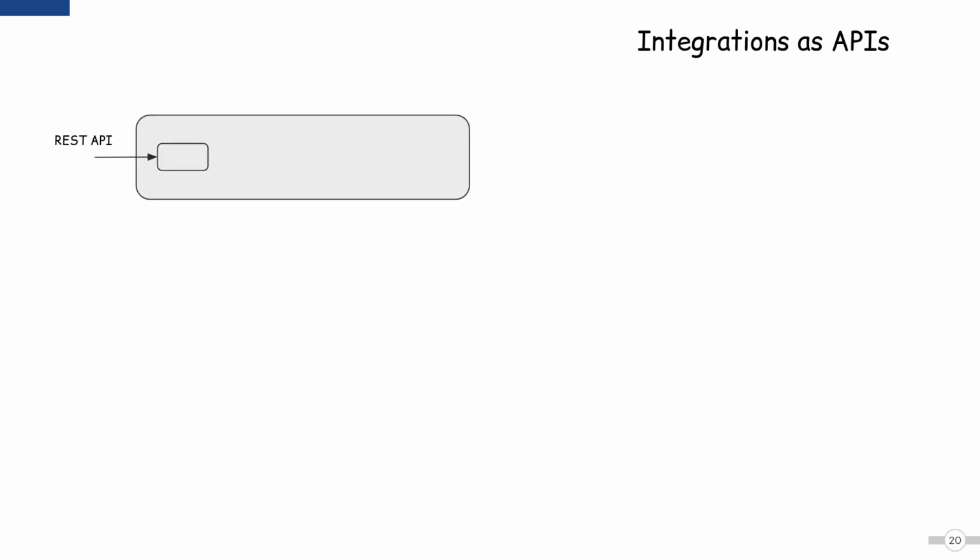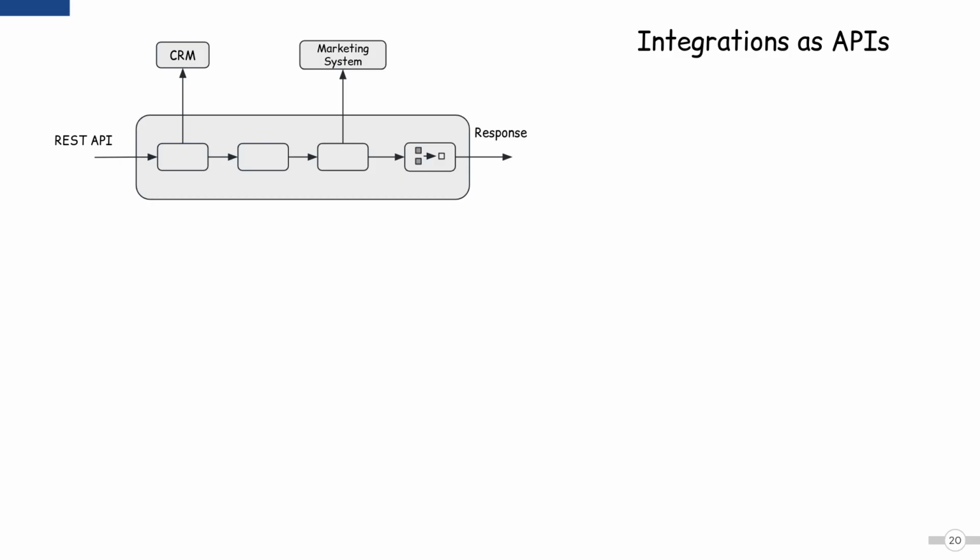And integration as APIs can be very useful. For example, one example could be you want to fetch some data from CRM when a REST API call comes into your integration. And based on that, you may be connecting with a marketing system and then do some aggregation and then finally respond back to the caller who made the call with the REST API. So that may be one.